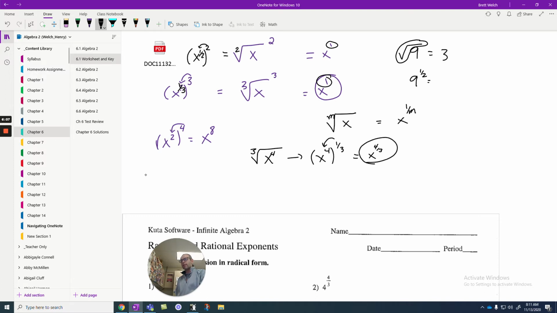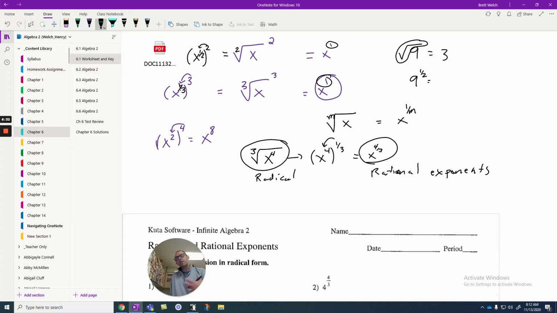So when we look at these two right here, these are really the link that we want to use going back and forth from what's called radical form to rational exponent. Rational meaning fractions, rational exponent. Rational exponents are actually much easier to put into a calculator. That's one thing that they're good for.